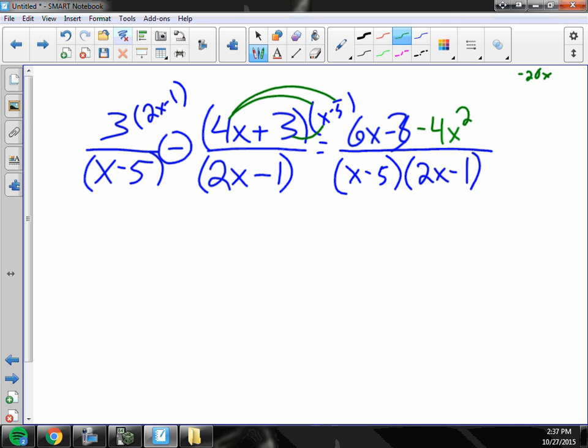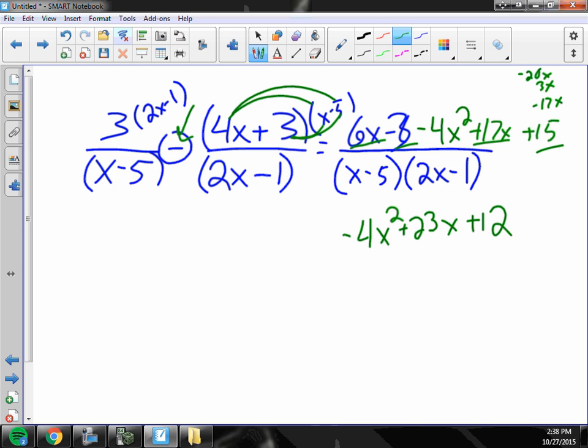And that gives me 3x, which is negative 17x, but it's a subtraction problem, so it's actually plus 17x, and then the last two give me negative 15, which is actually positive 15. So, negative 4x squared, 6 and 17 make 23x, negative 3 and 15 make plus 12.